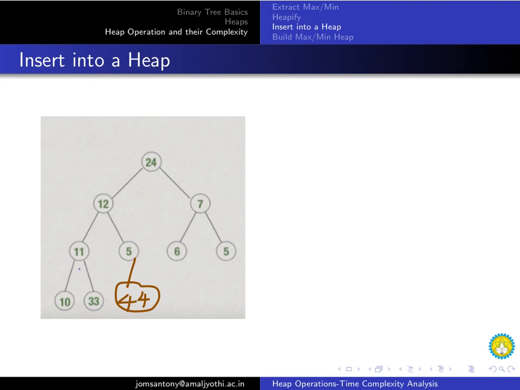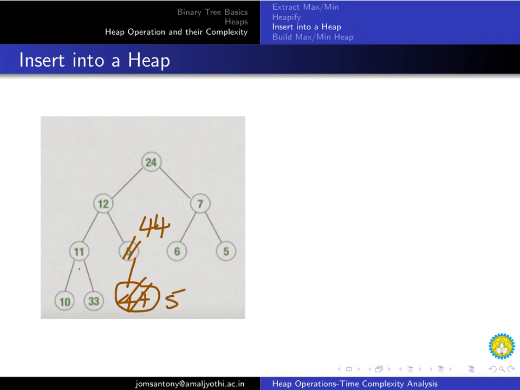If it is not maintained, you have to call the Heapify function. In this case, it is not holding. So what you want to do is you have to swap 44 with 5. So 44 will come here and 5 will come here.